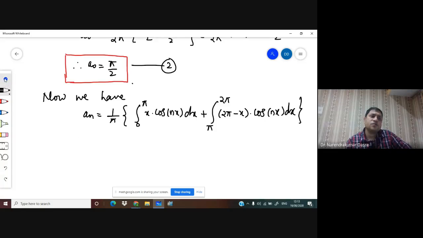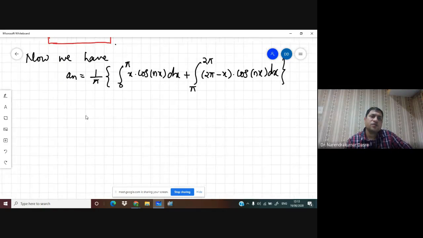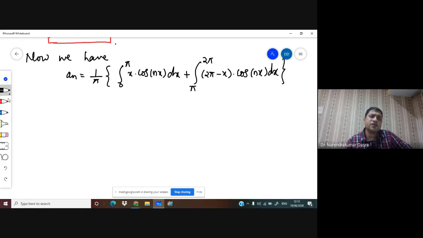Okay, and hence we have to use here the by parts rule. So for this integral, this is u and this will be v.